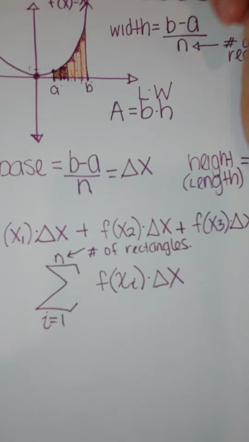So what I'm going to do is take the limit as the number of rectangles goes to infinity. So I'm going to send the number of rectangles to infinity, and then I'm going to sum all those rectangles. This is the area under the curve, which by definition is our definite integral from a to b of the function dx. B is the number furthest to the right in the interval.